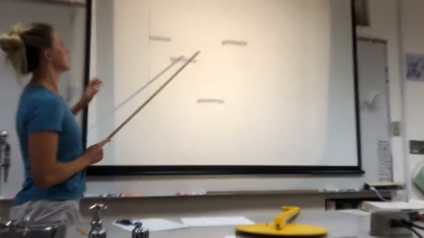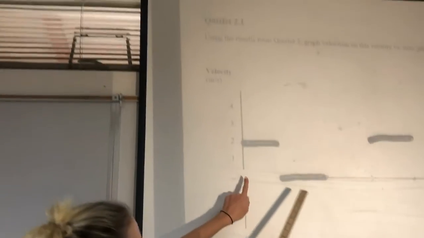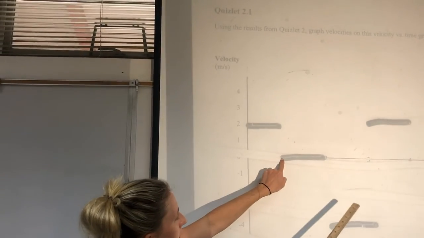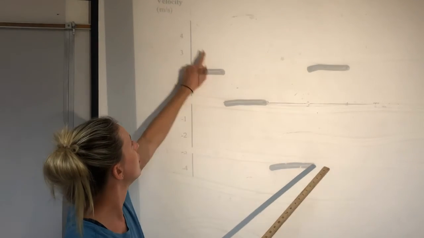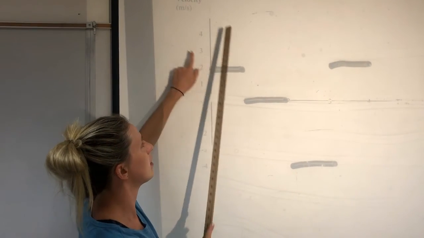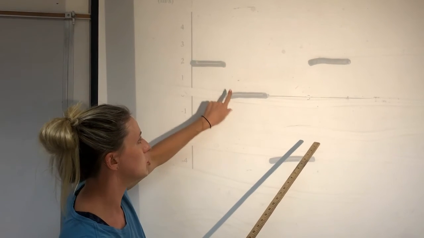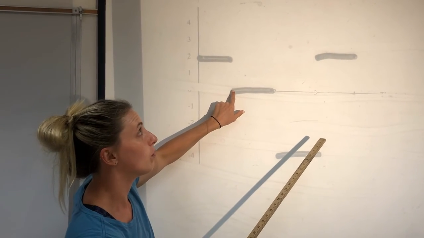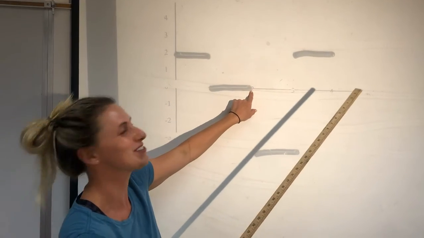So here are the answers, and you can again see that from 0 to 1 second, we have a constant velocity. Again, the y-axis is velocity, of 2 meters per second for that entire time interval. Then we jump straight down for 1 to 2 seconds.